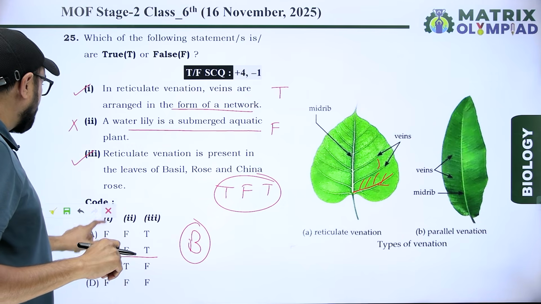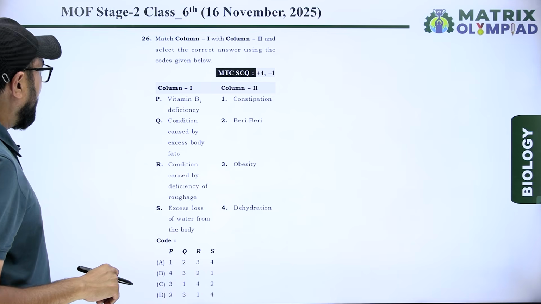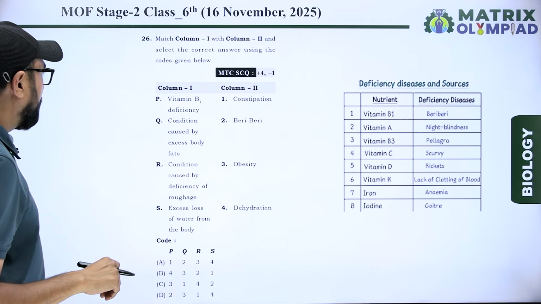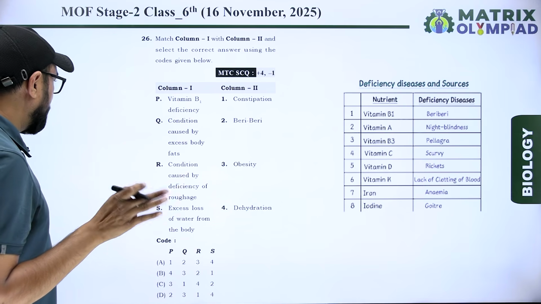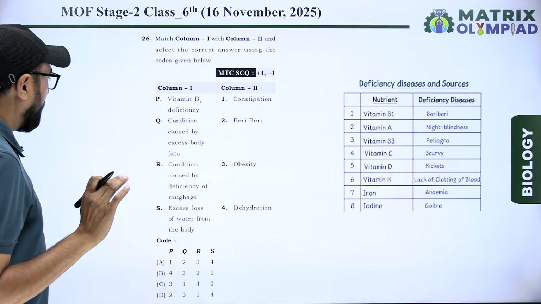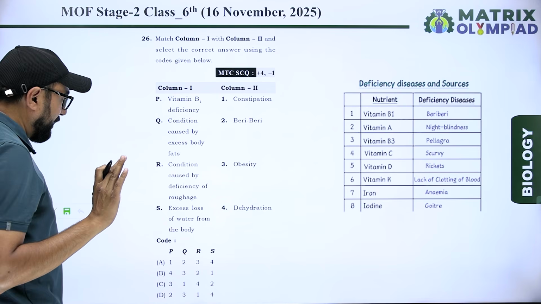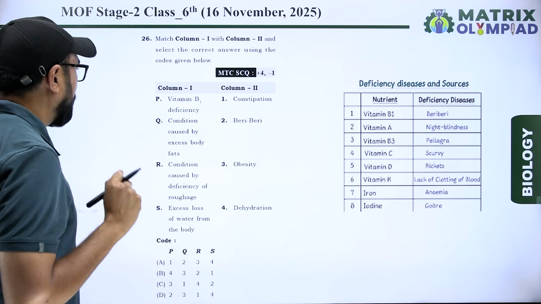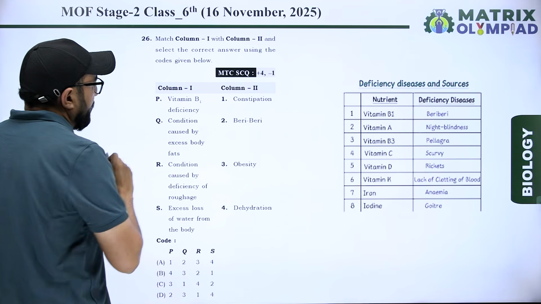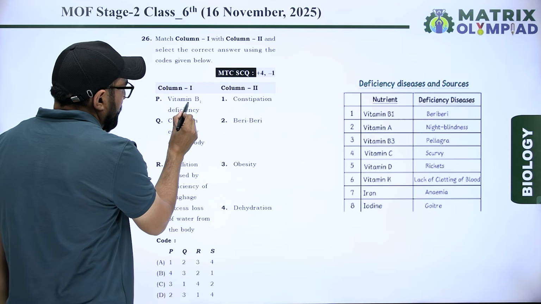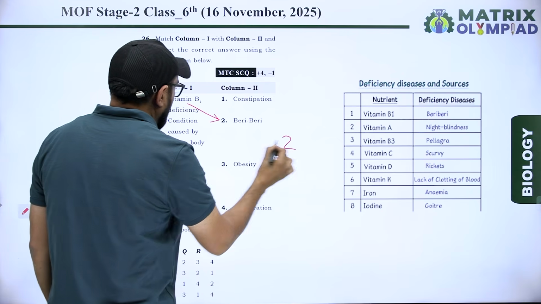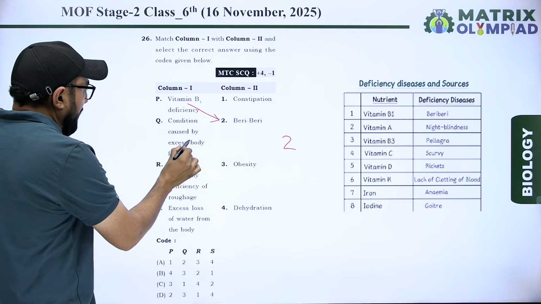Next, match column first and second regarding vitamin B deficiency and excess body fat, deficiency of fibre, excess loss of water. First of all, B1 deficiency relates to beriberi, so that is 2.